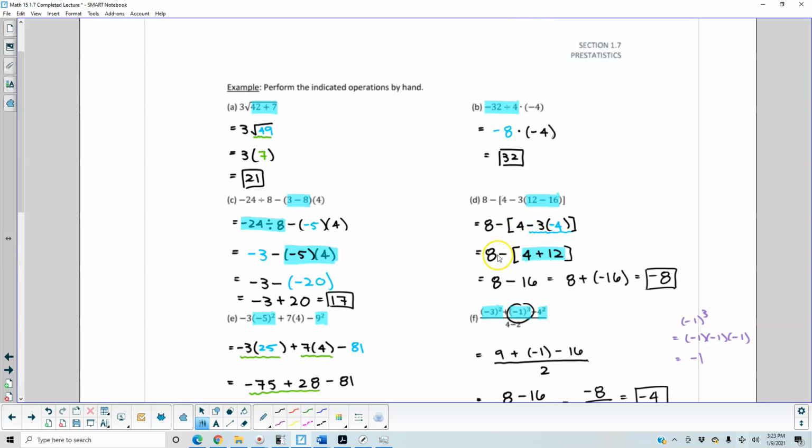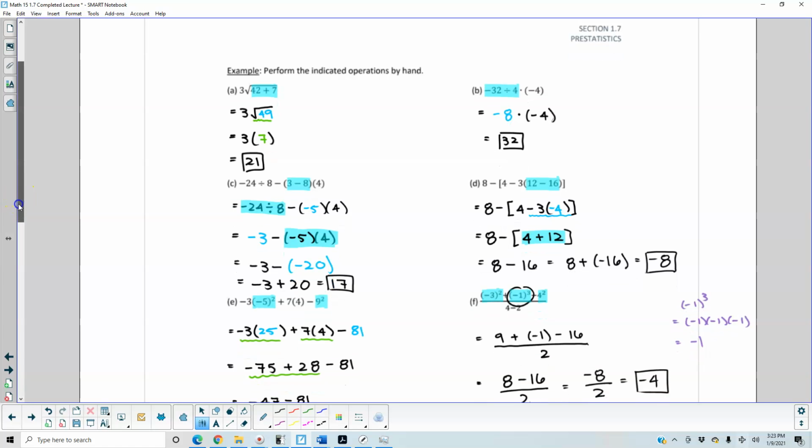So negative 3 times a negative 4 gives you positive 12. Now we have 8 minus bracket 4 plus 12, and we got to do what's in the brackets first. So 4 plus 12 gives us 16. So 8 minus 16 is the same thing as 8 plus negative 16, which is equal to negative 8.